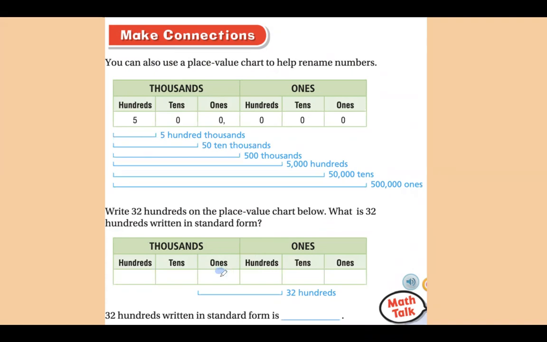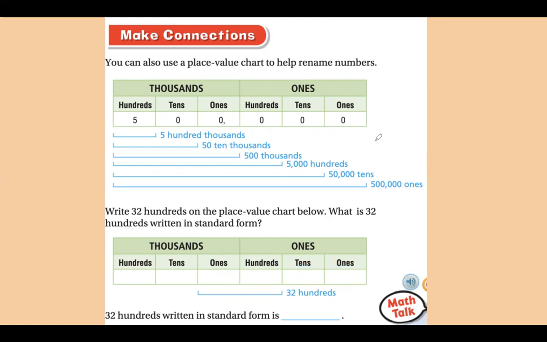So to do that, I'm going to put the 3 here and the 2 here. And then what do you think I should put for the tens and ones? If you're thinking 0, you're correct. So this is how I would put 32 hundreds in a place value chart. And its standard form would be essentially the same thing, 3,200.